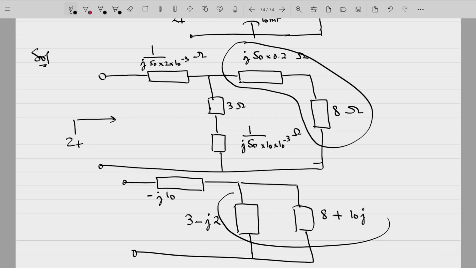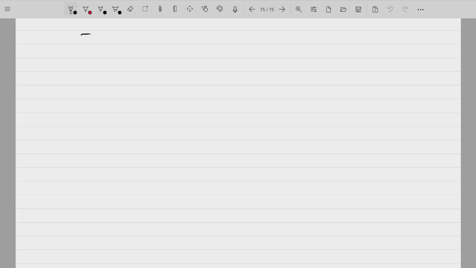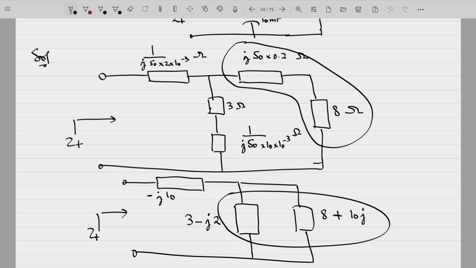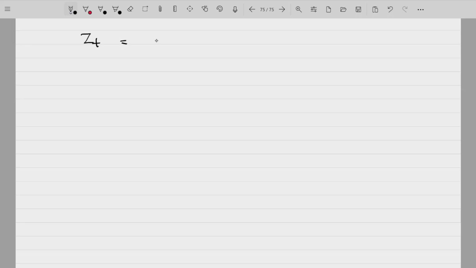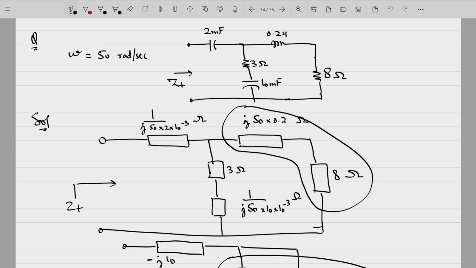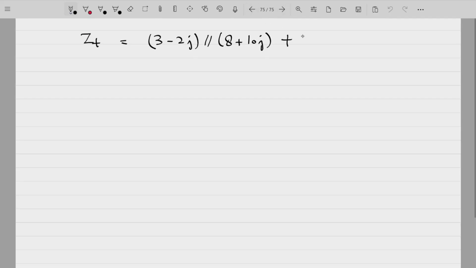So these two are in parallel, and that will be in series with minus 10j. ZT will now be equal to (3 minus 2j) and (8 plus 10j) in parallel, plus minus 10j.